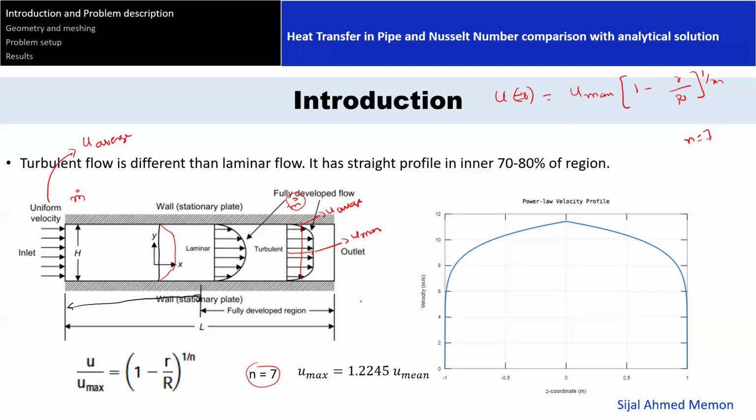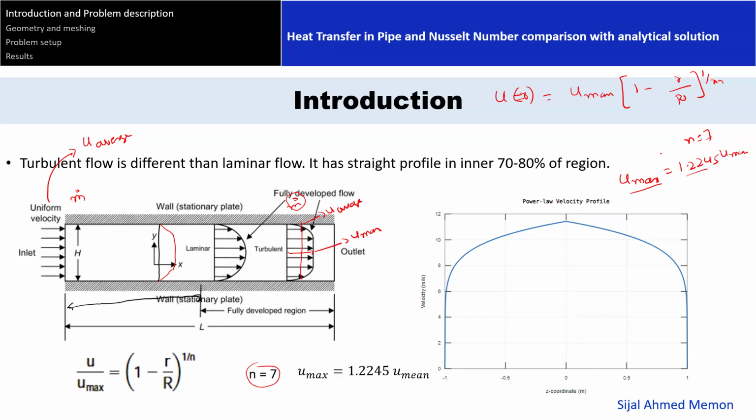For this problem, the u maximum is equal to 1.2245 times the u mean.